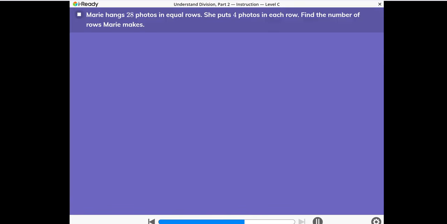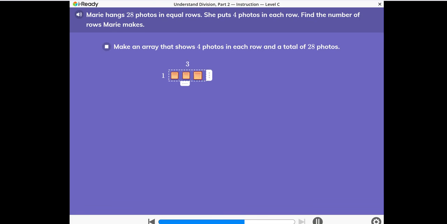Marie hangs 28 photos in equal rows. She puts 4 photos in each row. Find the number of rows Marie makes. Make an array that shows 4 photos in each row and a total of 28 photos.